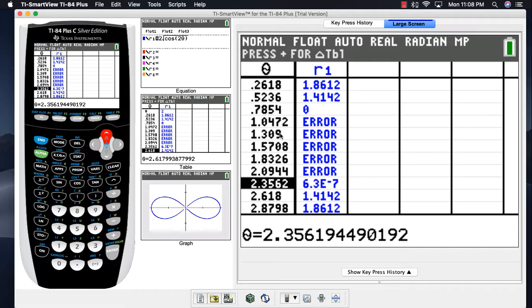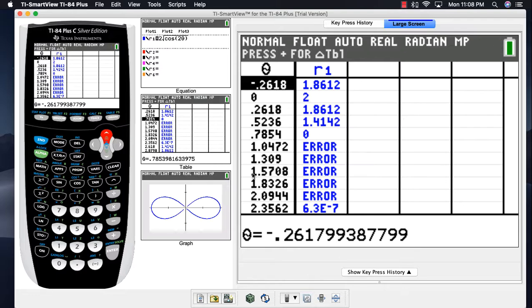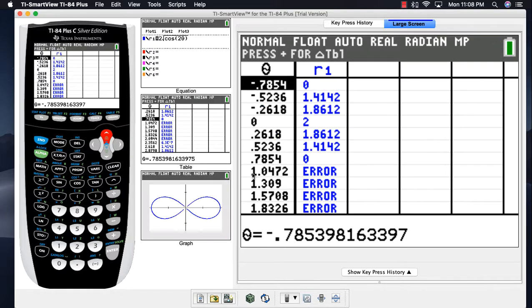And the point I want to make is this: this decimal here, 0.7854, is a very special decimal. This decimal here is just simply the number pi over 4. And this decimal down here is the special number 3 pi over 4. But even more important than that, I'm going to go ahead and keep backing up here. As you saw earlier, I also had a 0 up here at negative 0.7854.